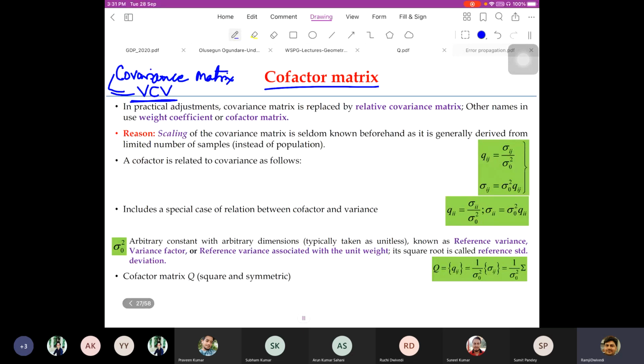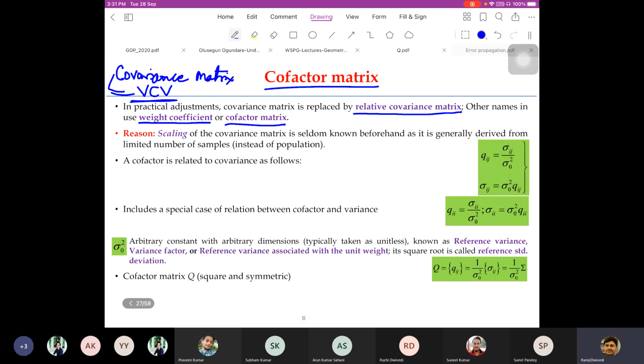Other names are also used: relative covariance matrix, weight coefficient matrix, or cofactor matrix. These are the three names by which we popularly refer to it.